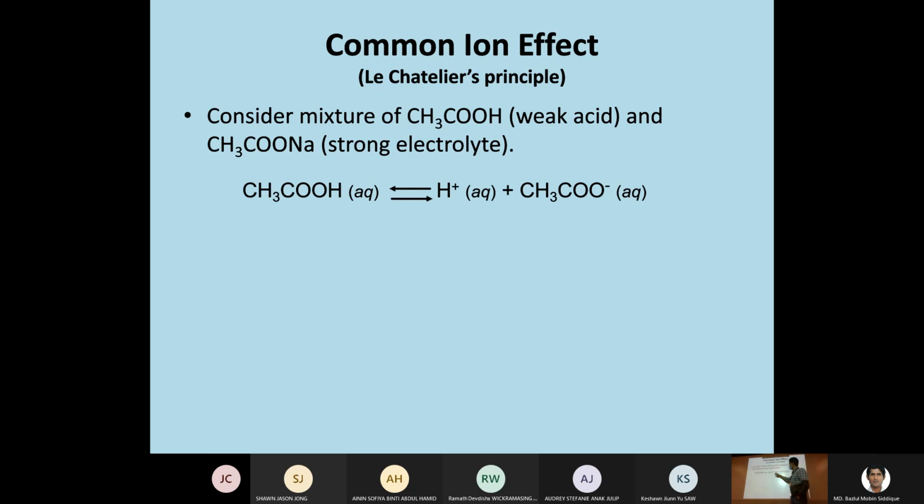So these things are the product. If we add more of this or more of this, the reaction should go backward, right? How can we add? If I keep adding acetic acid, it will increase CH3COOH and hydrogen plus. But does it mean that I am increasing these two?